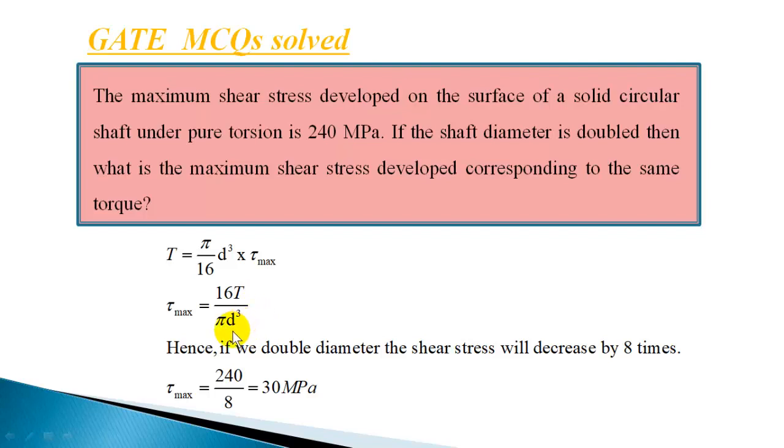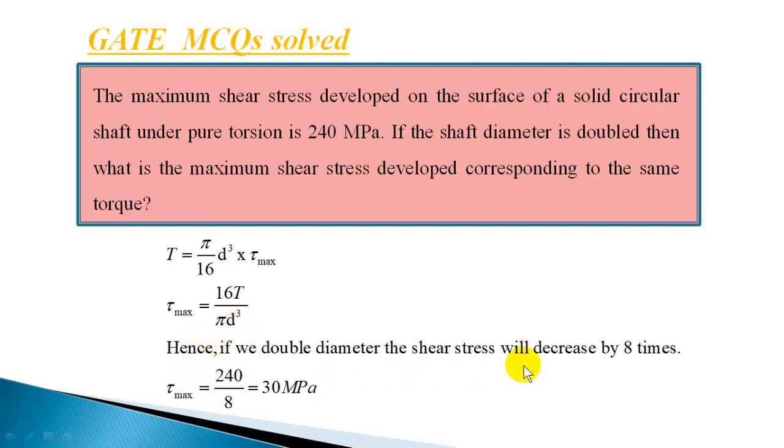Now suppose the diameter is doubled, so instead of d you have 2d. So 2d cube will make it 8d cube. So the denominator will get multiplied by 8. That means initially when the maximum shear stress was 240, when the diameter is doubled, you will have shear stress 8 times less, because the denominator becomes 8 times larger.